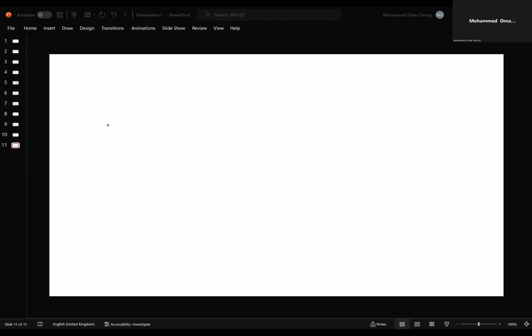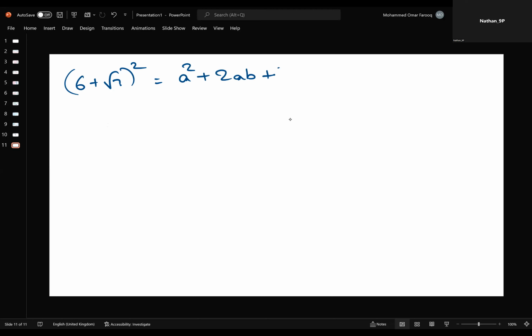Okay, Tanay, let us see 6 plus root 7 whole square. Here, this is in the form of (a plus b) whole square. What is (a plus b) whole square? a square plus 2ab plus b square. So 6 square plus 2 into 6 into root 7 plus root 7 whole square.